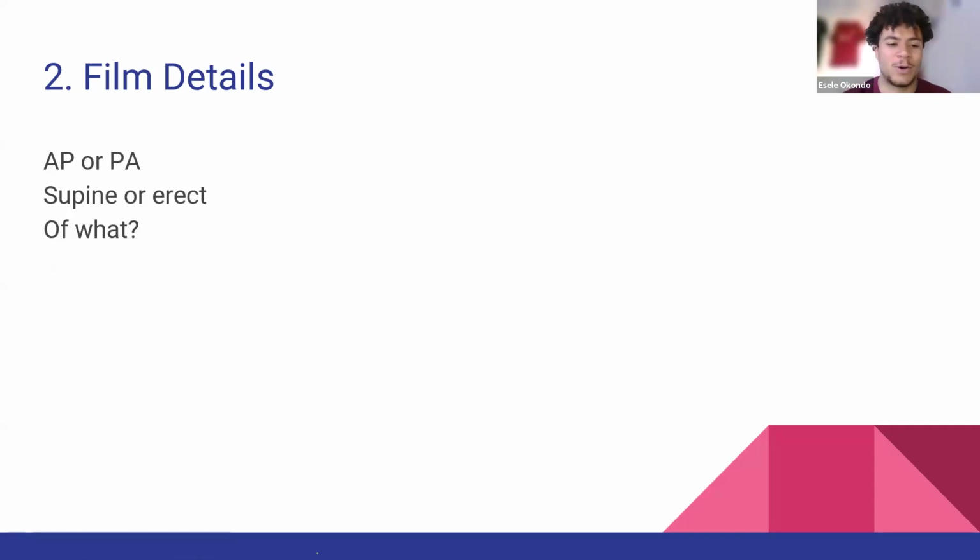If your patient has loads of wires and your clinical scenario is the patient's really, really unwell, then it's likely AP and supine because the patient is unable to mobilize to go for an erect or a stood up PA X-ray. And PA just means the X-ray's taken from the back and the X-ray travels through to the front. It changes the size of the heart. That's your main thing. So heart is difficult to assess on an AP, but that's the main thing.